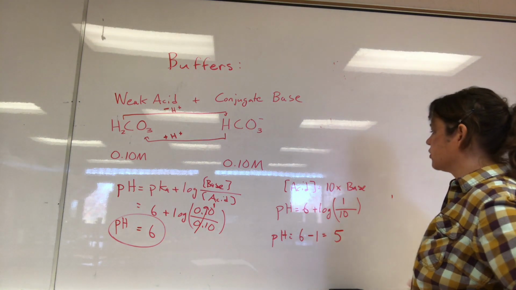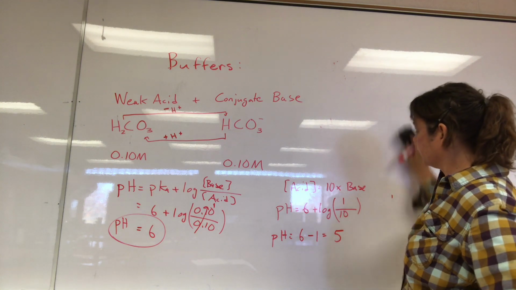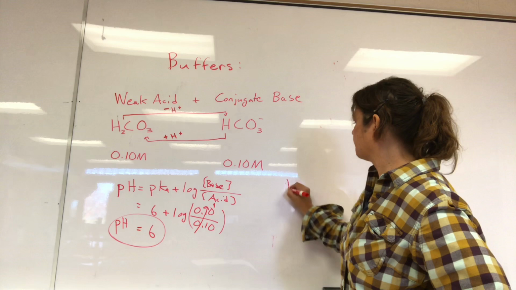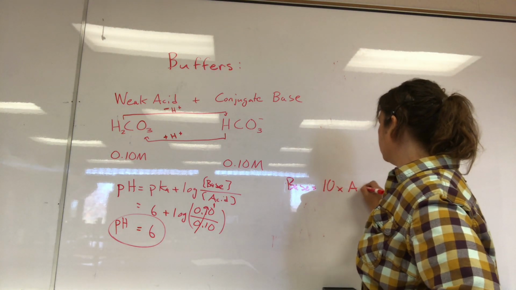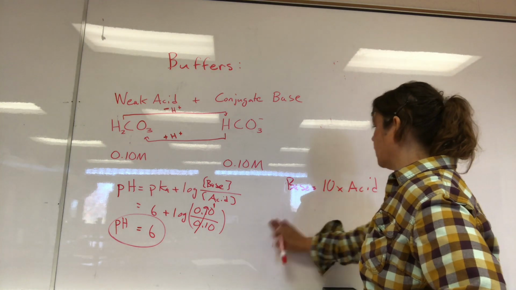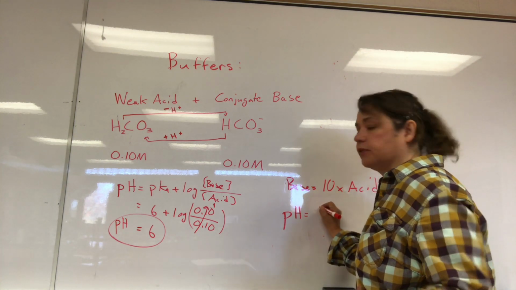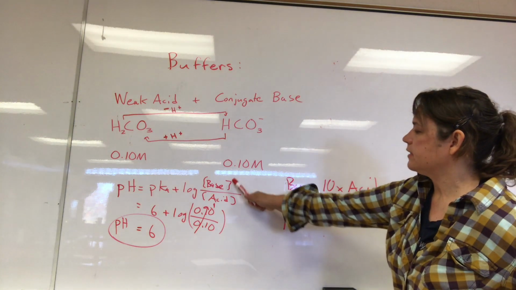Okay? Conversely, if the base is 10 times the acid, the way you set it up in Henderson-Hasselbalch is that the pH will equal, we'll stick with the pKa of 6, plus the log of base over acid.